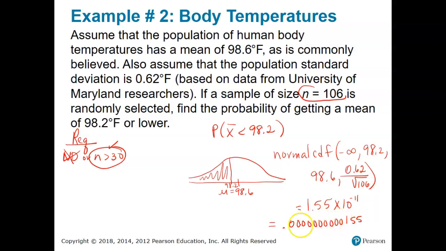So basically what this is saying is that it is very rare to get a sample of 106 data values that represent the body temperature, and the mean be less than 98.2, if in fact 98.6 is the true population mean. So because this is rare for this to happen, and it did in fact happen, then what that tells us is that maybe the actual body temperature is not 98.6. Maybe it's something a little bit less than that.